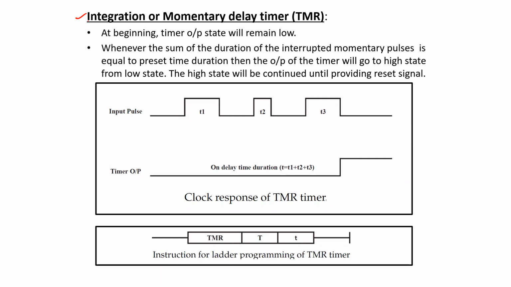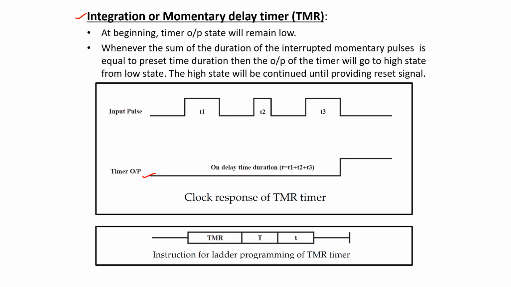For this type of timer, the timer output normally remains initially at low state, as indicated over here. Now, the timing delays are counted separately as the input at different input pulses are fed towards the timer.